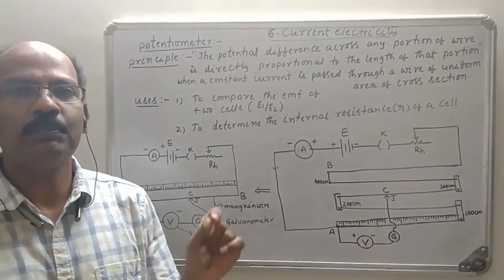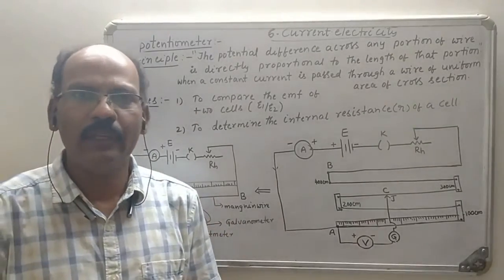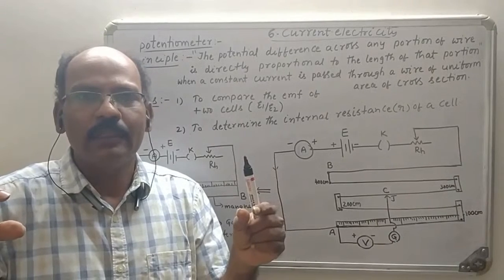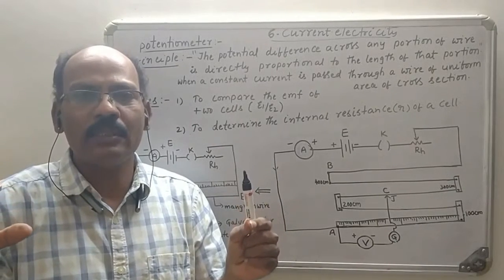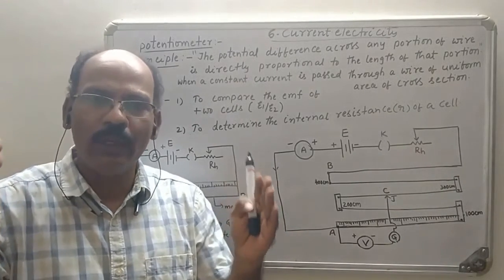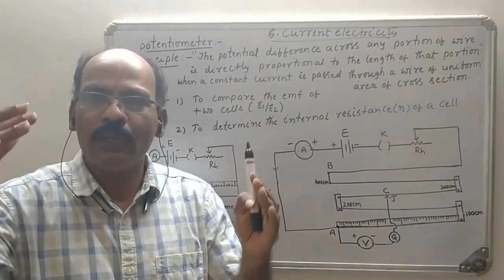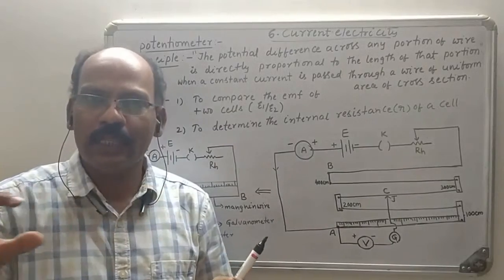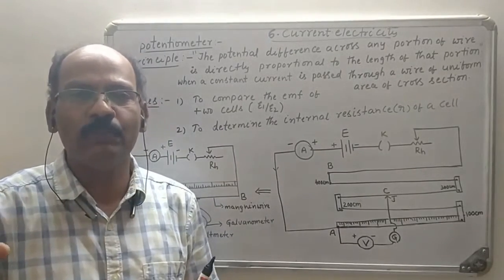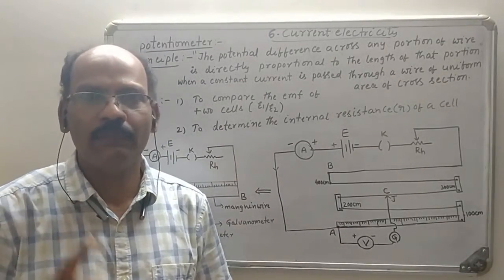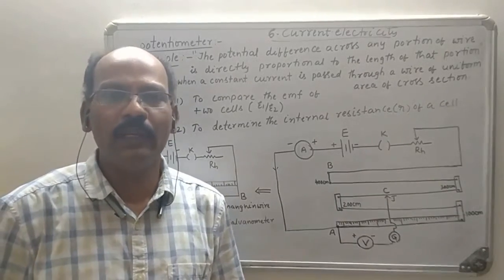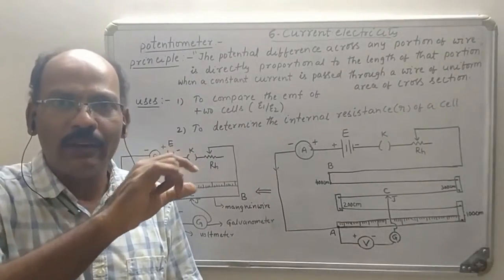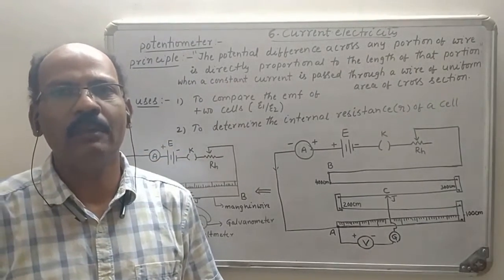So in order to measure the potential difference across any portion of the given wire, that potential difference is always directly proportional to the balancing length of that portion, if the area of cross section of the entire wire is uniform, the first condition. And the second one is when a constant current is passing along the given potentiometer wire.